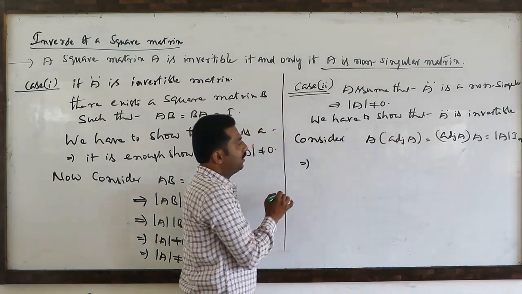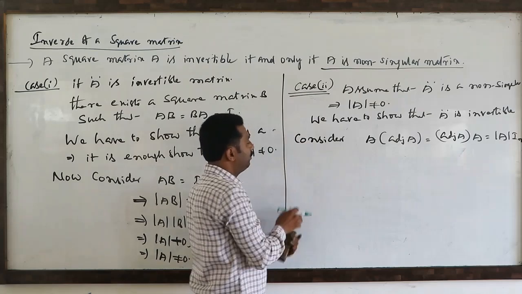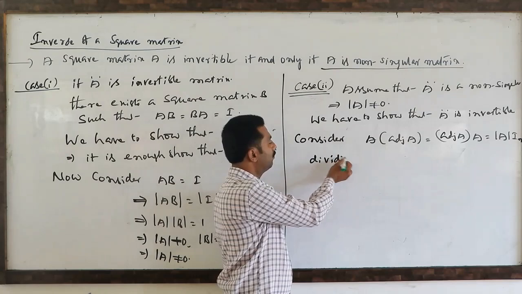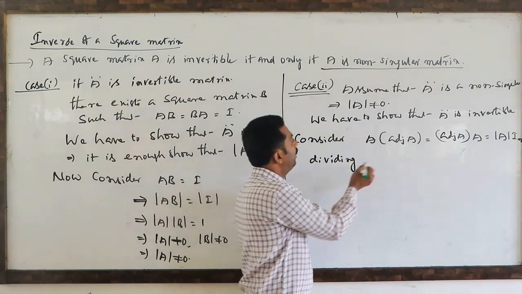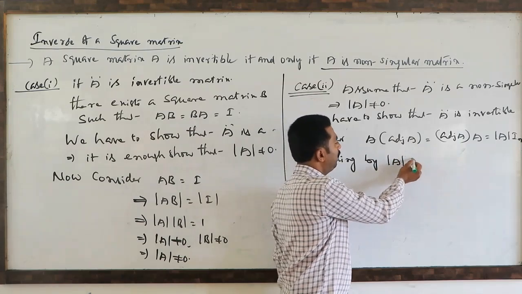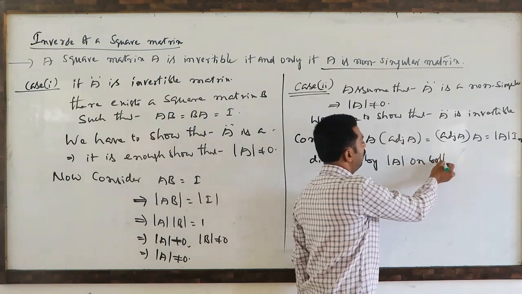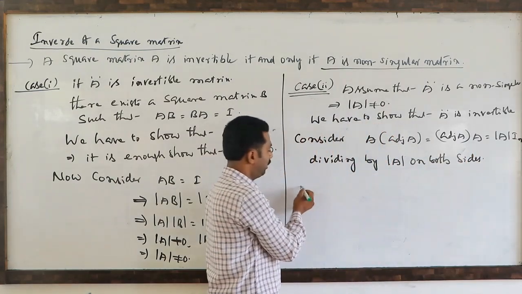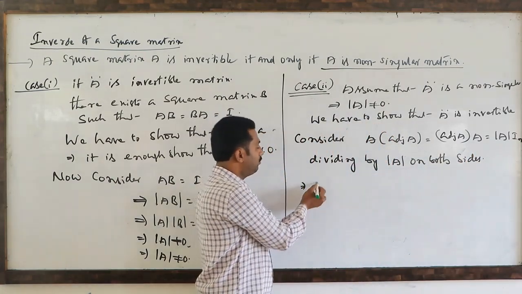Both sides divided by determinant of A. See how we are dividing, you observe.